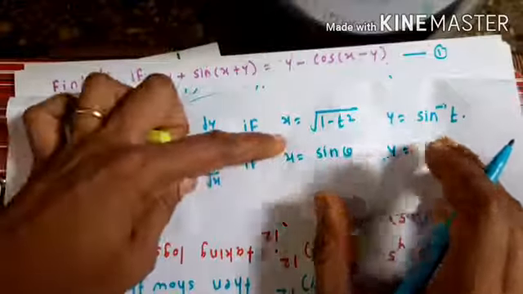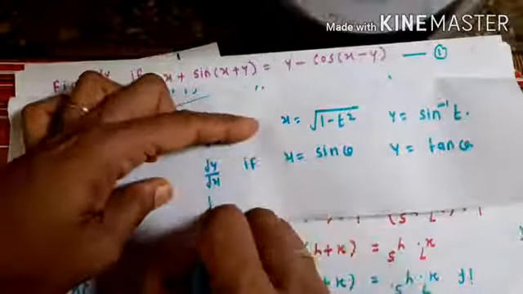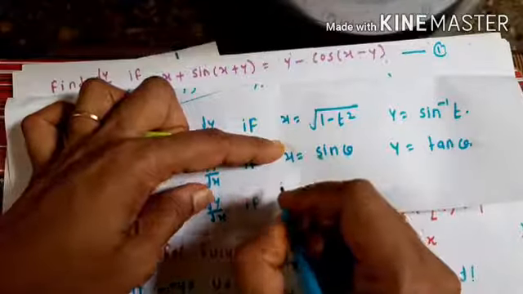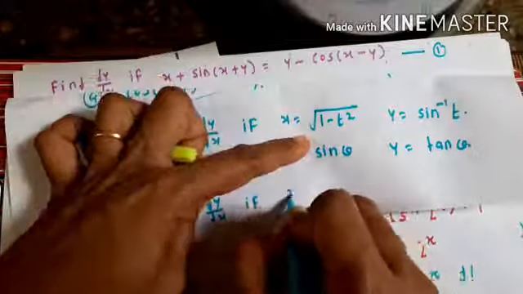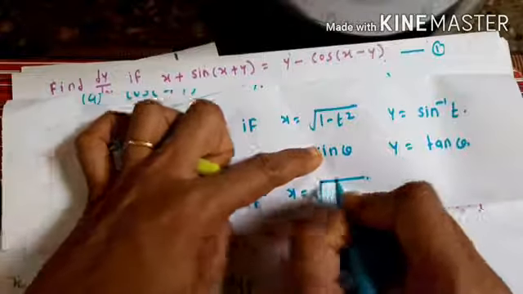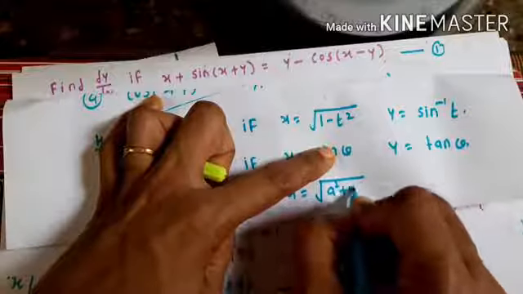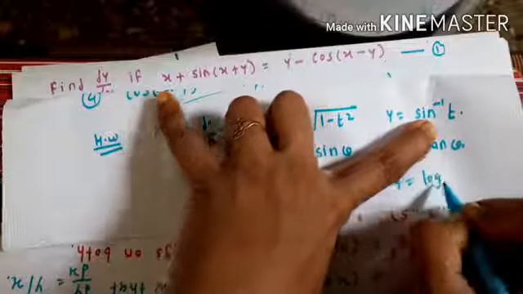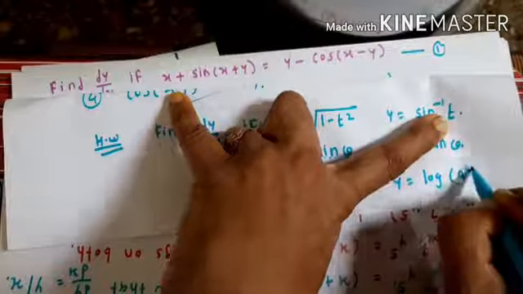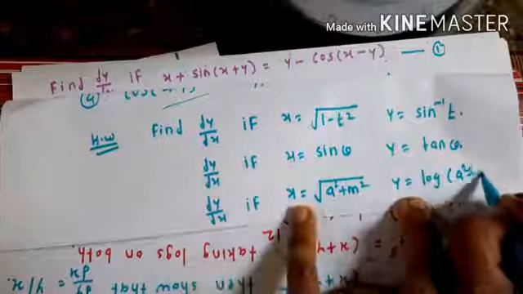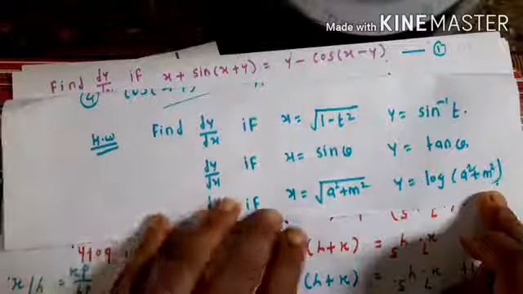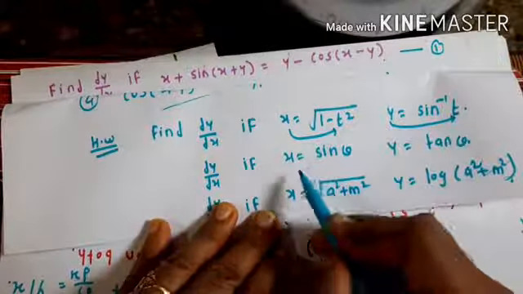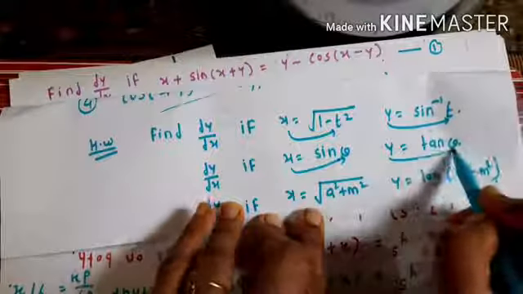The next one, find dy by dx if x equal to square root of a square plus m square and y equal to log of a square plus m square. So students, here x is function of t. Remember that. Here x is function of theta, y is function of theta.